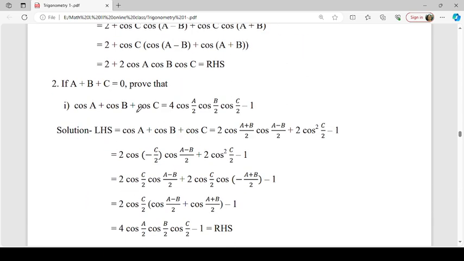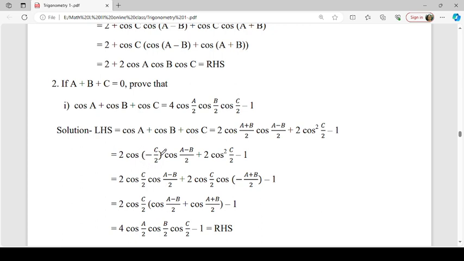Next, this is for A plus B plus C equal to 0. So this is cos C plus cos D, this is 2 cos of (C plus D) by 2 cos of (C minus D) by 2. Then the right hand side is minus 1, so we write it as 2 cos square C by 2 minus 1. Now because this is equal to 0, so A plus B is minus C. So this is minus C by 2, this is cos (A minus B) by 2, this is 2 cos square C by 2 minus 1.